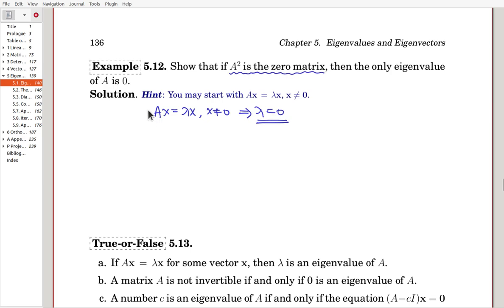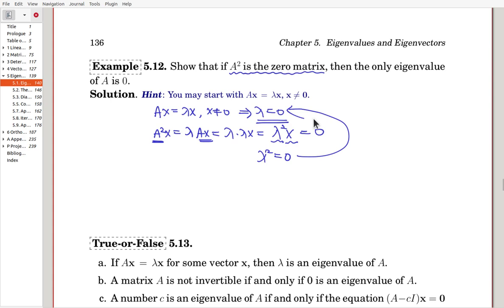So A squared x equals A times lambda x, but Ax is the same as lambda x, so we get lambda times lambda x, which is lambda squared x. Since this is the zero matrix, it must be 0. But x is non-zero, so the scalar must be 0. So lambda squared is 0. The only possible conclusion is lambda is 0. We finished the proof.